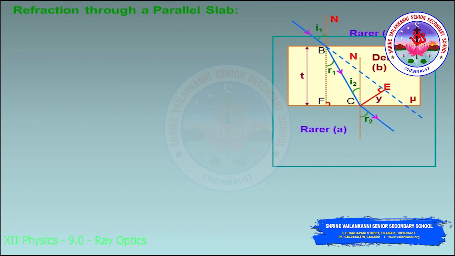By using Snell's law, μ is equal to sin i by sin r, we know that. From one medium to another, we have to compare it. So sin i1 by sin r1, μAB is equal to sin i1 by sin r1. From the second medium, denser to rarer, μBA is equal to sin i2 by sin r2. We multiply both and get 1.